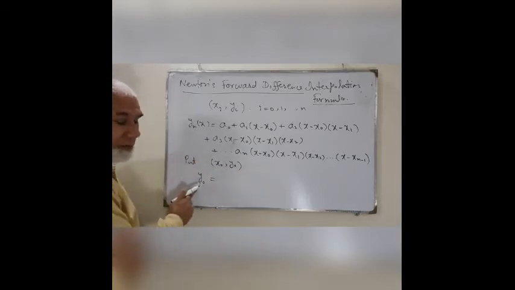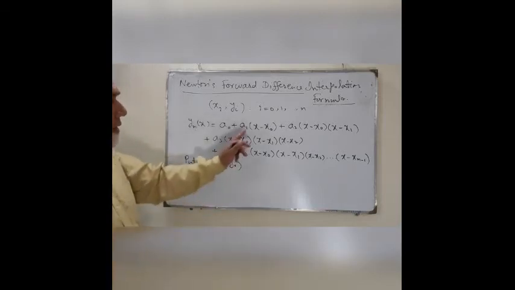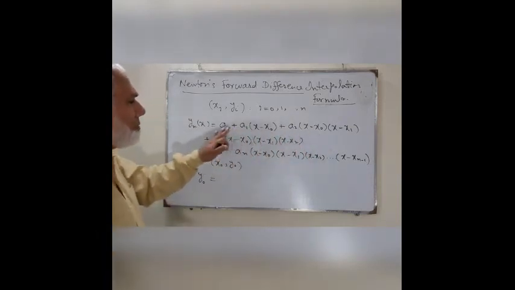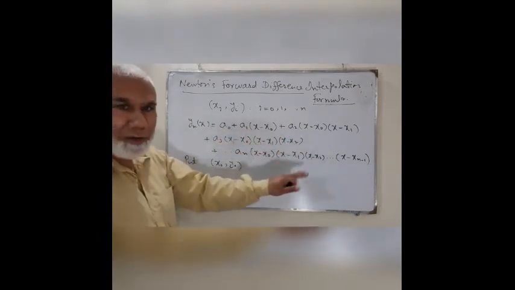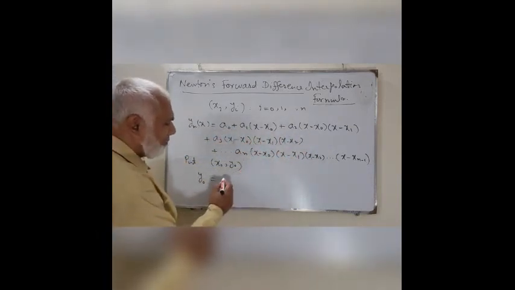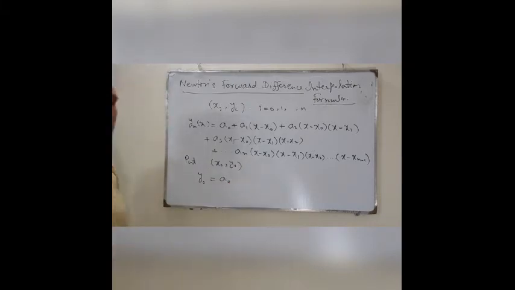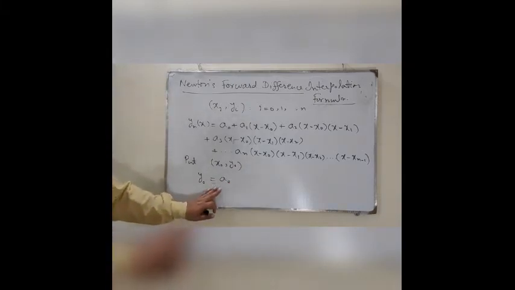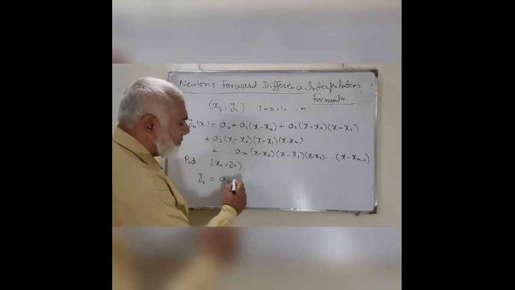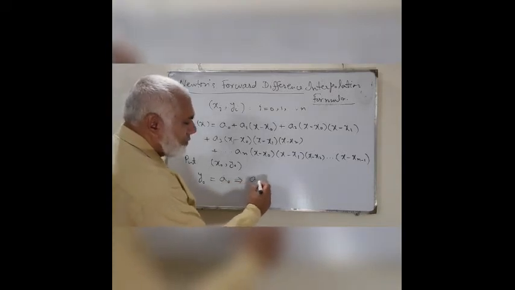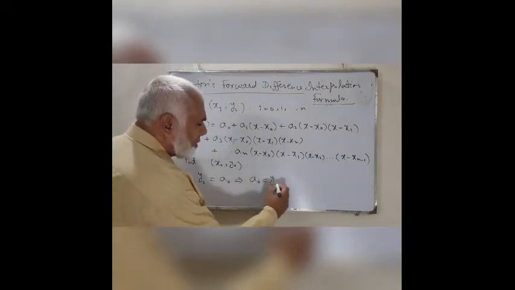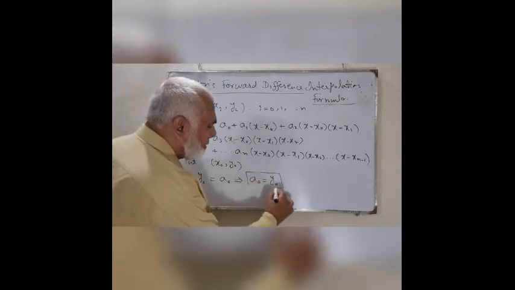On the right side, all the terms except the first term become 0. So the result takes the form y0 equals a0. So you can see here we got the first unknown, a0, in the form of y0.